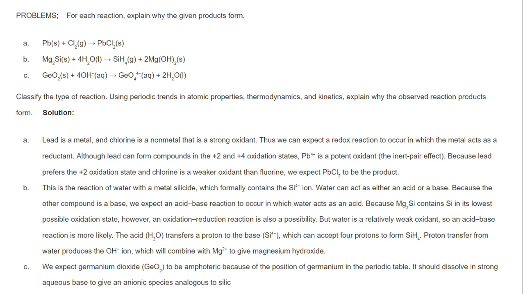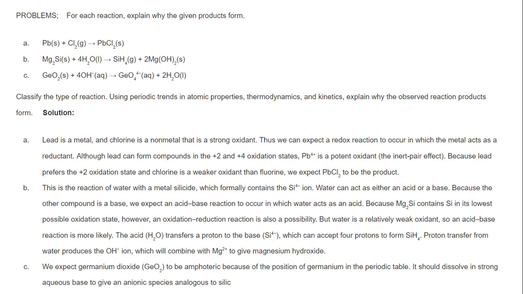Although lead can form compounds in +2 and +4 oxidation states, the Pb4+ ion is a potent oxidant, due to the inert pair effect. Because lead prefers the +2 oxidation state and chlorine is a weaker oxidant than fluorine, we expect lead chloride to be the product.